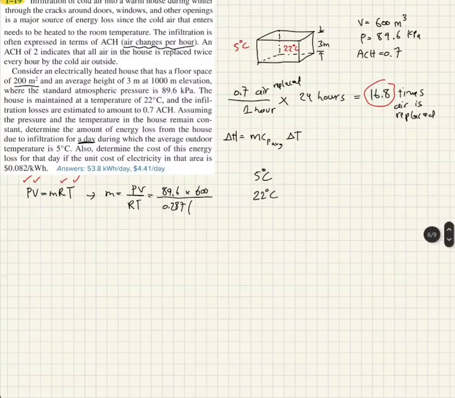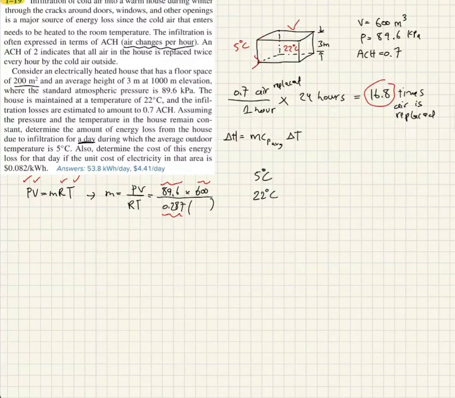But the question says that air is getting into the house, and this property is for the air that is outside, which is the mass that enters the house. Before it enters, it's at 5 degrees Celsius. That's very important.